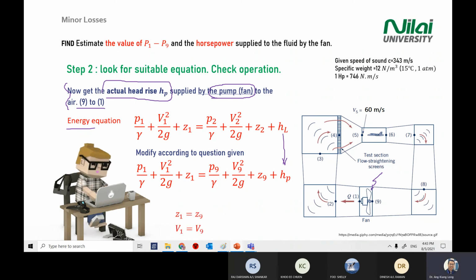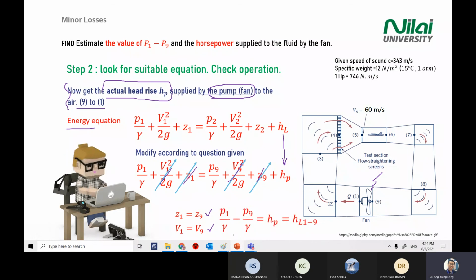Comparing 9 to 1, the elevation is still the same and the velocity is still maintained, so you can cancel this, this, this, and this. And it will arrive at the second equation: P1 minus P9 divided by gamma equal to HP, equal to your head loss from 1 to 9.